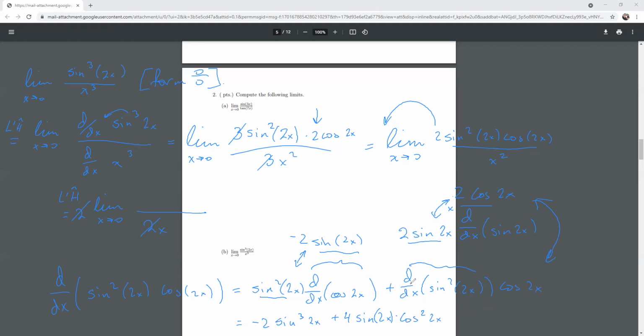All right, so quite a lot going on. Let's remember where we were. So this is the derivative of this right here. Let's plug it in. So it's minus 2 sine cubed of 2x plus 4 sine of 2x cosine squared of 2x. Damn.